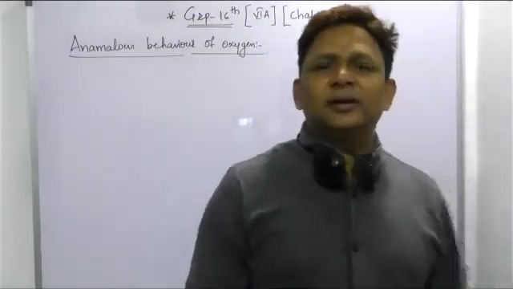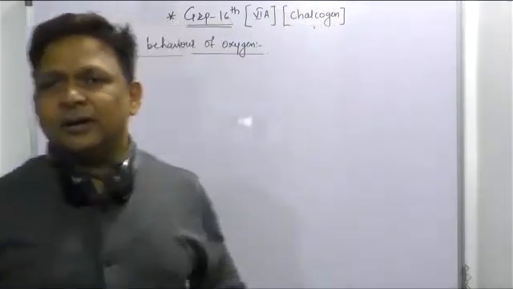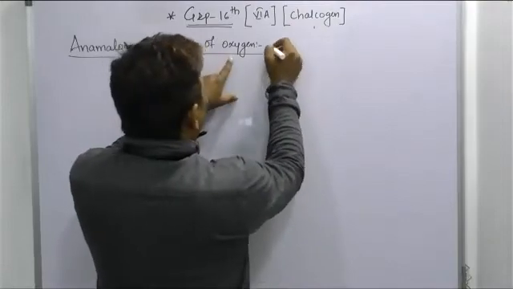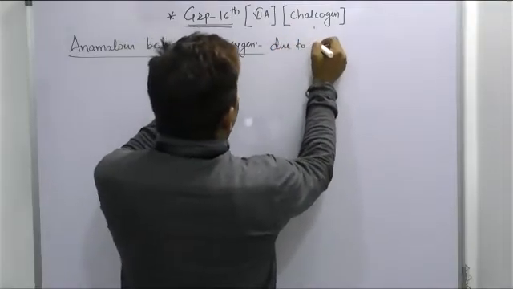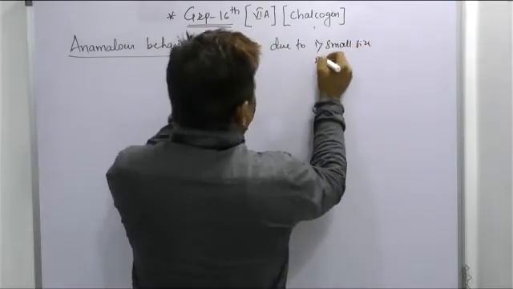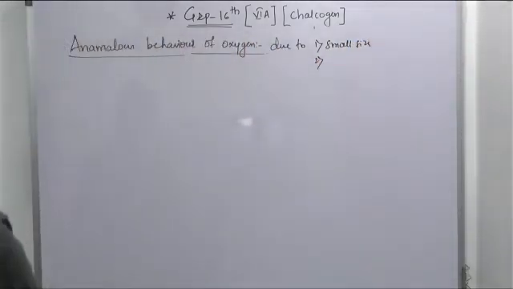Oxygen will behave differently than the other group elements. But why does oxygen behave anomalously? The reason is due to its smaller size. It is the first one.